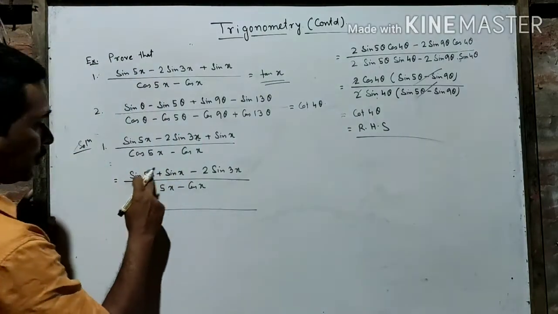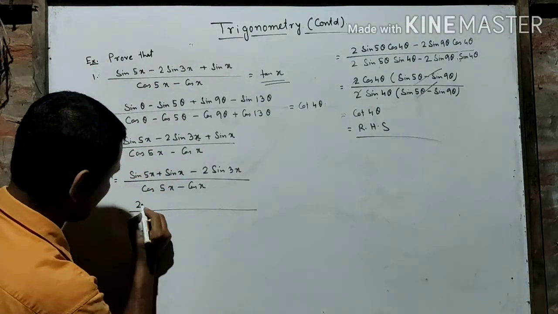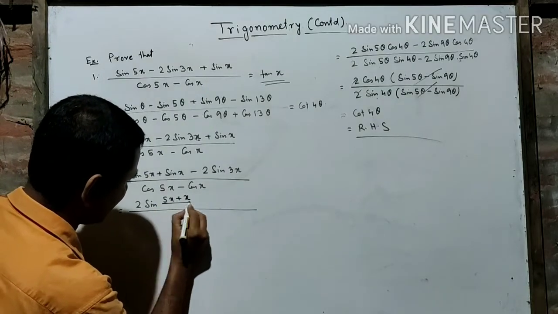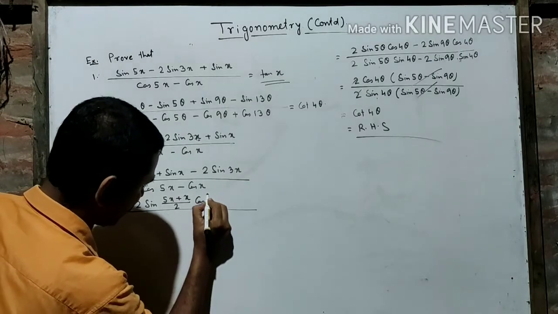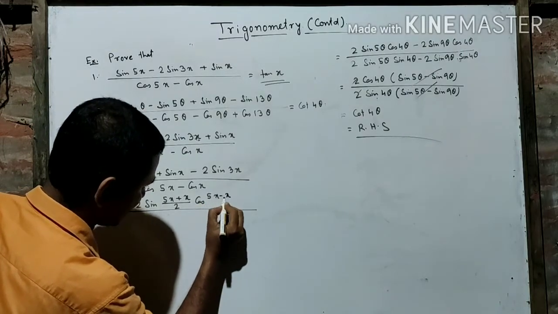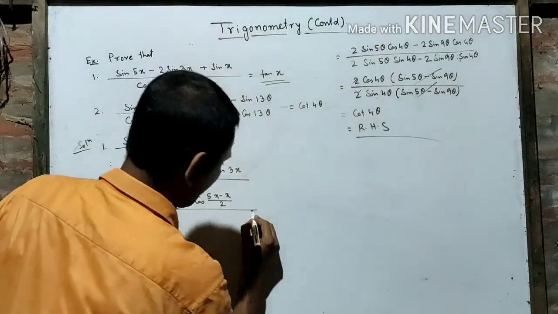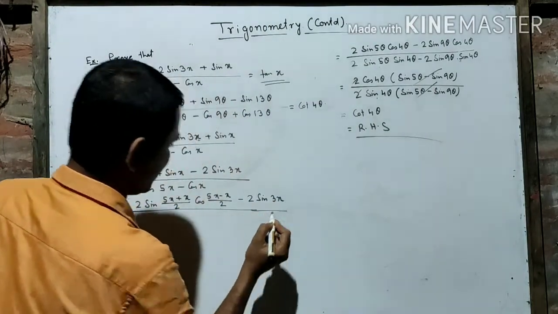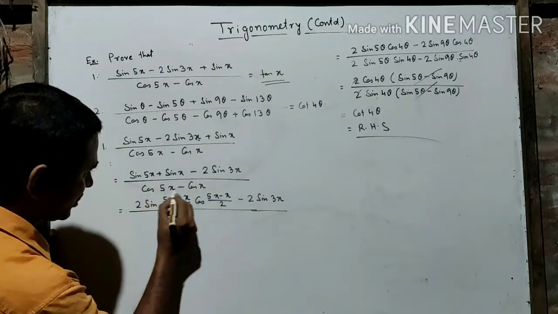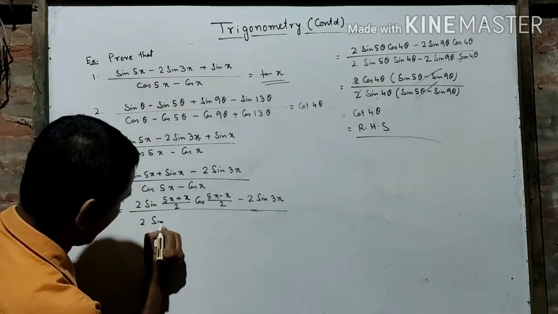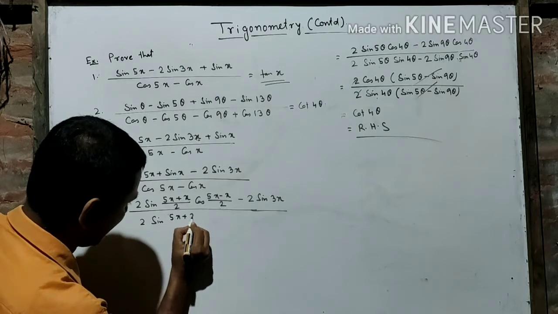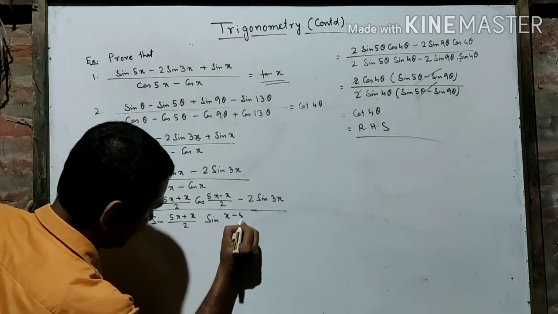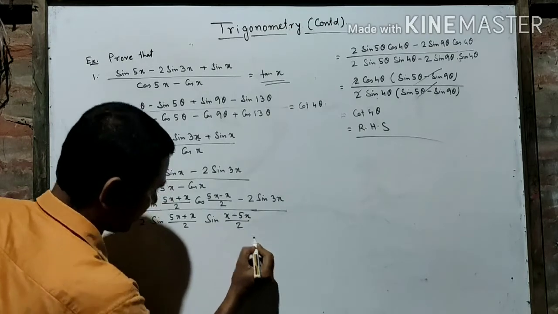So from these two, sin C plus sin D is equal to 2 sin (C plus D)/2 into cos (C minus D)/2, minus 2 sin 3x, divided by cos C minus cos D, which is 2 sin (C plus D)/2 into sin (D minus C)/2.